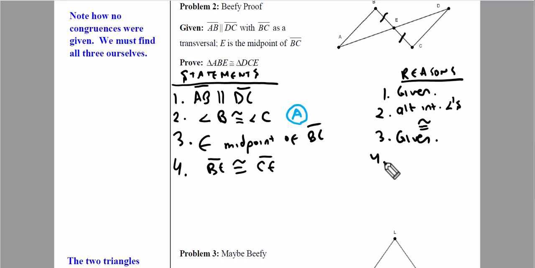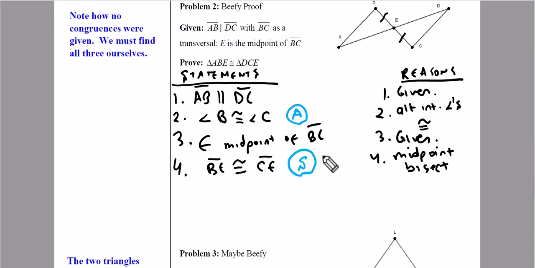And that's because midpoints bisect. In other words, it forms 2 congruent parts. And this is a pair of sides.